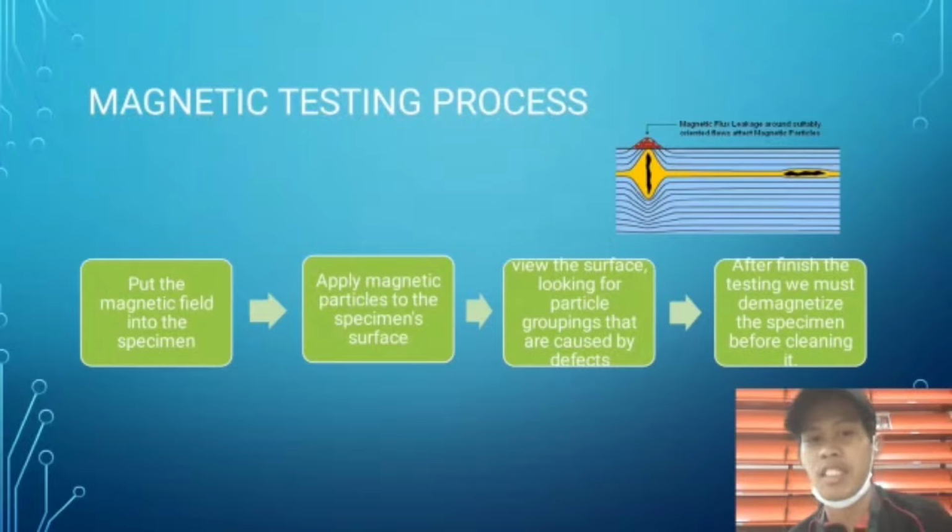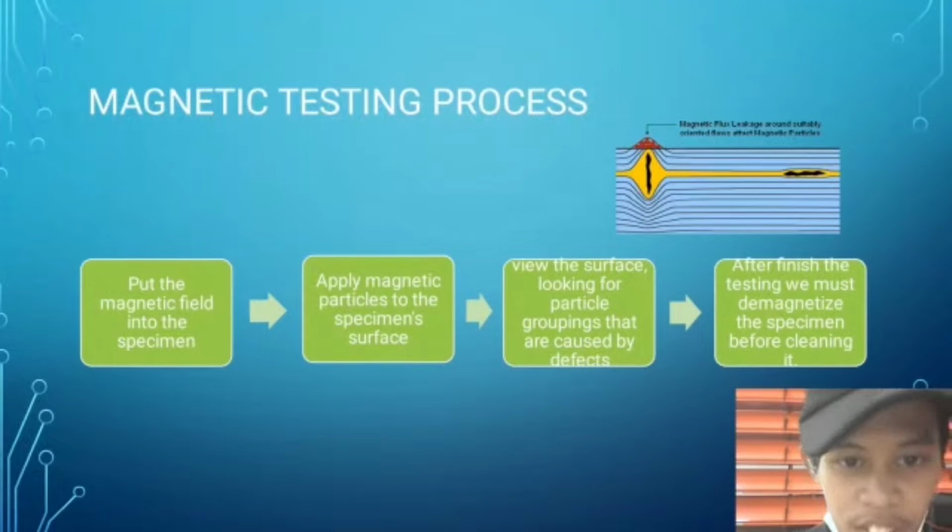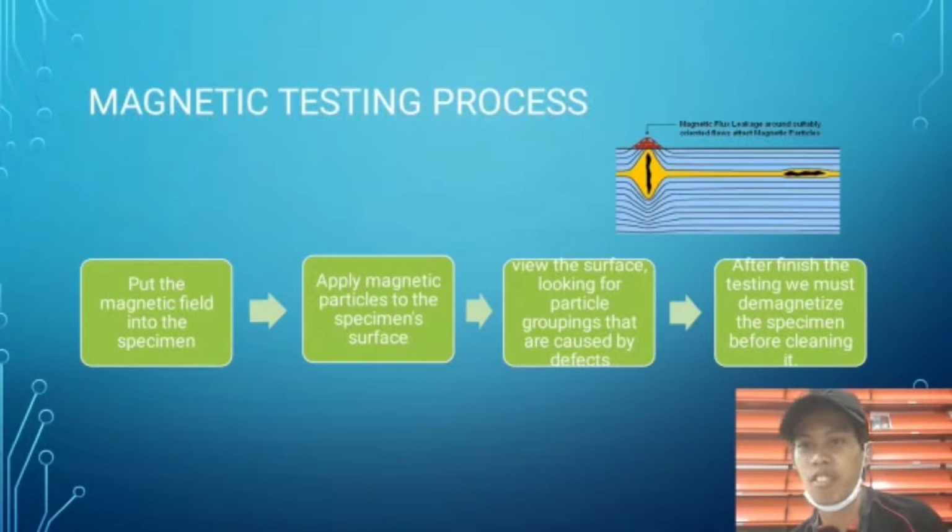This method is very effective for locating surface-breaking and slight subsurface defects such as cracking, pores, collapse, lack of sidewall fusion in welds, etc. in magnetic materials.